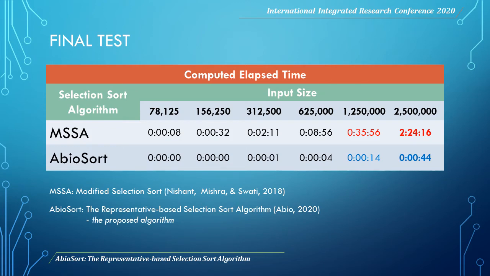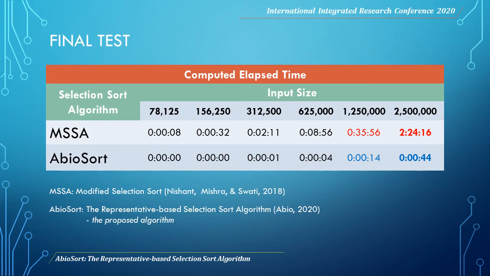The final test was conducted to see the performance of the AbioSort algorithm, including MSSA, on large input sizes of data, by doubling the input sizes from 78,125 up to 2,500,000. This was to test if AbioSort can already be used on these kinds of datasets and to see also the performance of MSSA.